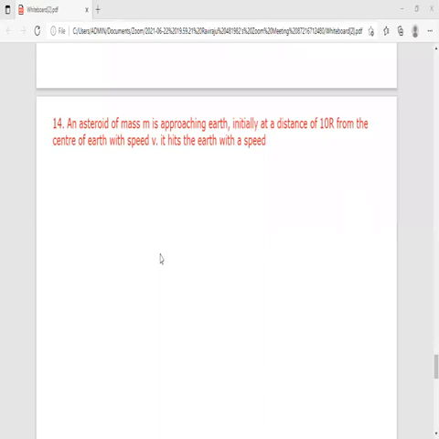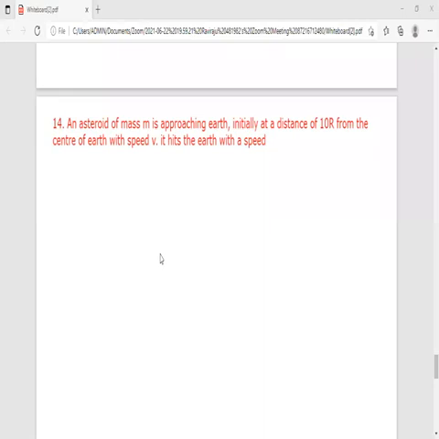An asteroid of mass m is approaching Earth, initially at a distance of 10R from the center of Earth with speed v. It hits the Earth with some speed. It is really at a distance of 10R, and then it has the velocity v given.